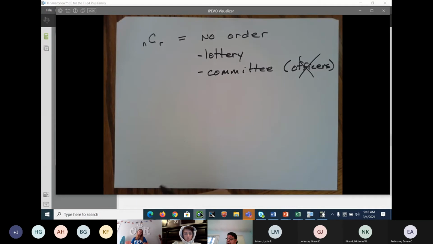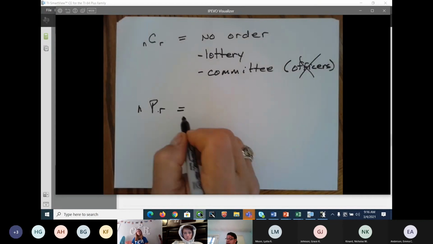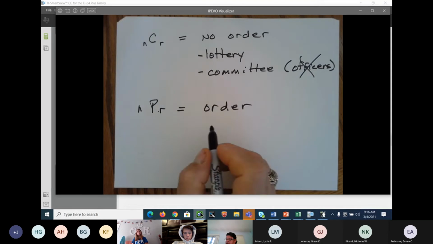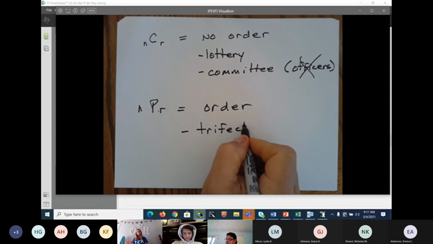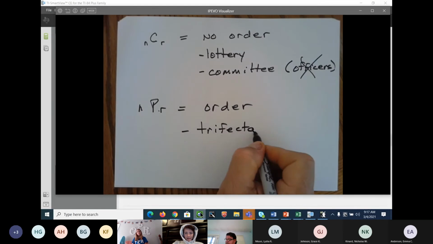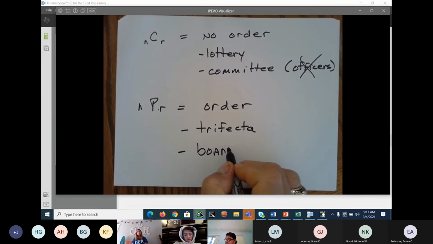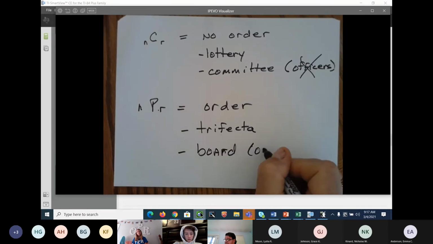And then in nPr, you're going to be using order. And just like the problem you just saw, trifecta and board members. And they have to have officers.